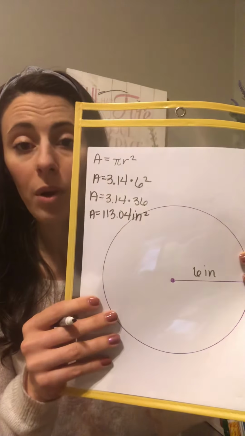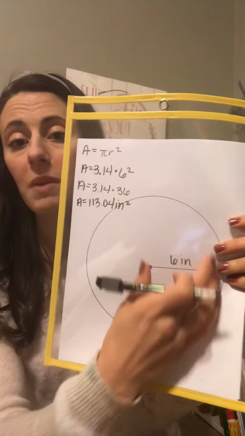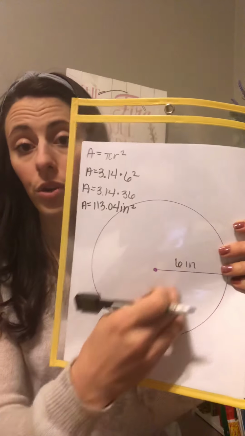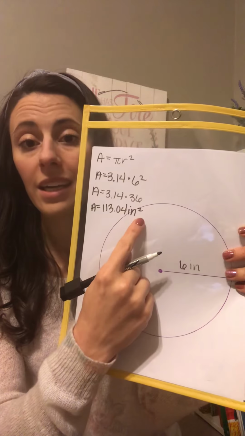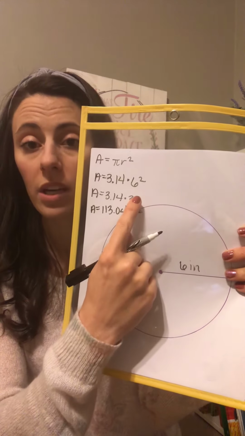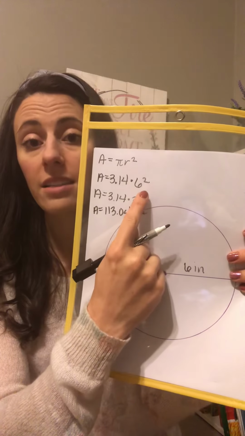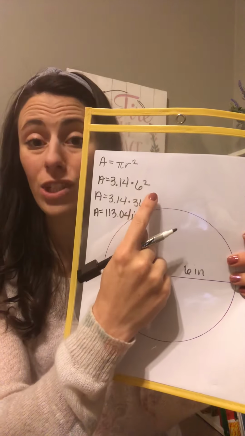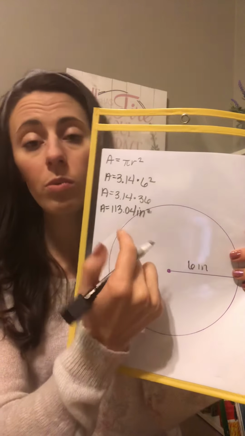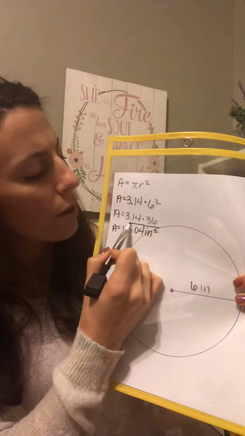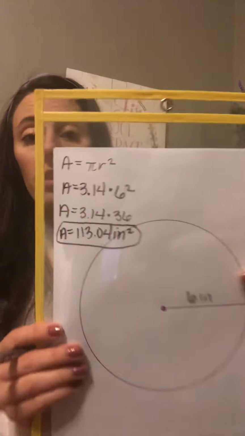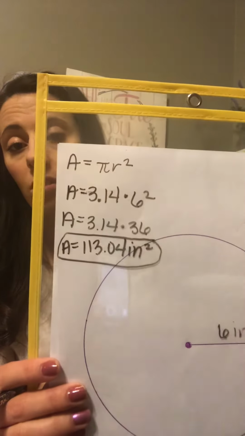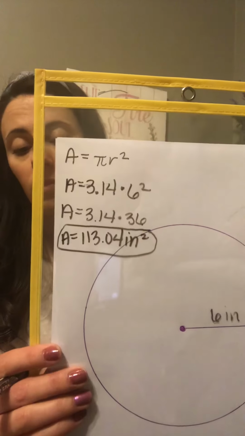And because we're talking about area, the entire space inside of this circle, we know we need to square our units because we are multiplying inches by inches. Right here, when we do 6 squared, that's 6 inches times 6 inches. So we had 6 squared, which means we have to keep that unit squared as well. So when you have the radius, this is what your work should look like. These are the number of steps you will take.